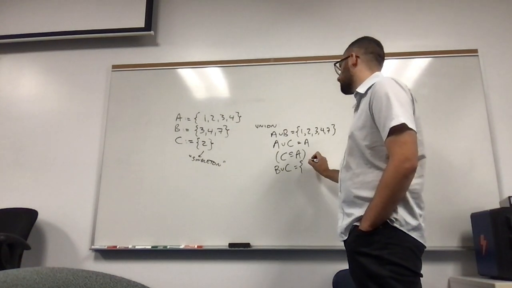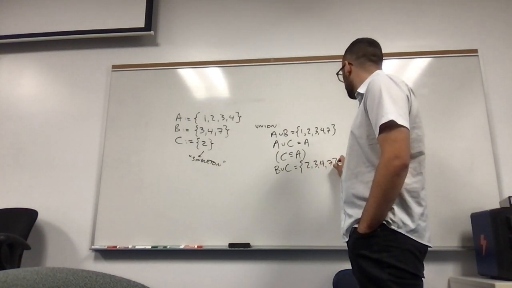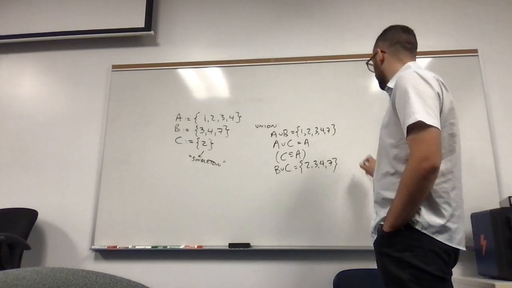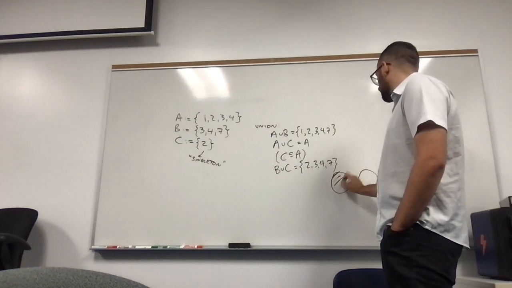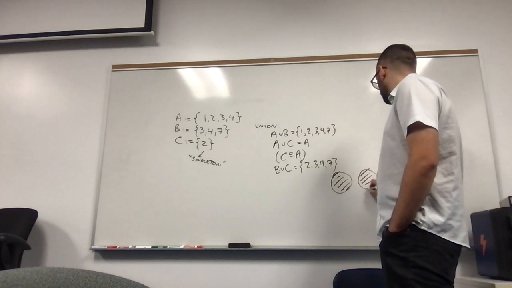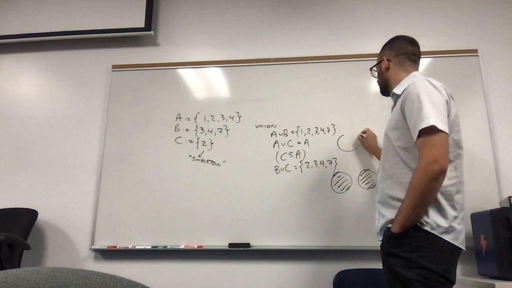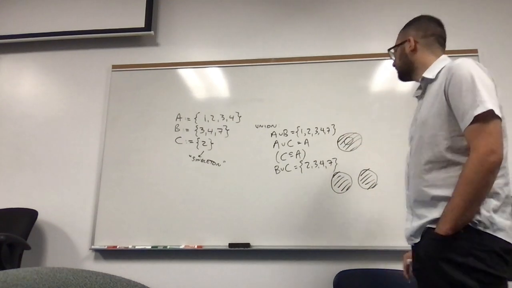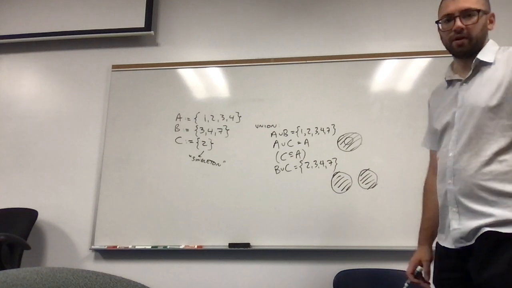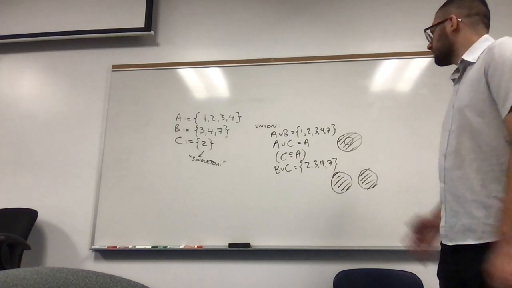So you could literally just do 2, 3, 4, 7, like that. And again, in this case, if we look at the Venn diagrams, this would be B union C. A union C would look like this. It's taking all of it. And of course, I showed you A union B before. Hopefully that makes sense. That's unions.